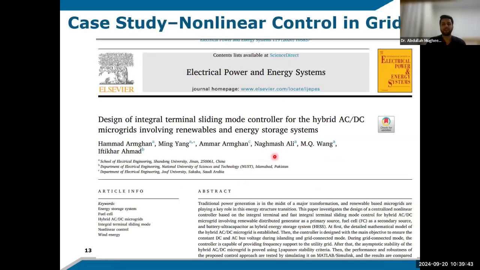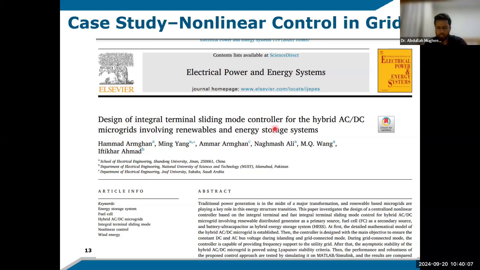So here we have another example of how these nonlinear control techniques are used in AC/DC microgrids. Okay, a lot of you might have an idea what microgrids or grids are. Well, a grid is something that has multiple types of energy sources, and it can provide you electricity. Okay, so they used the integral terminal sliding mode control technique.